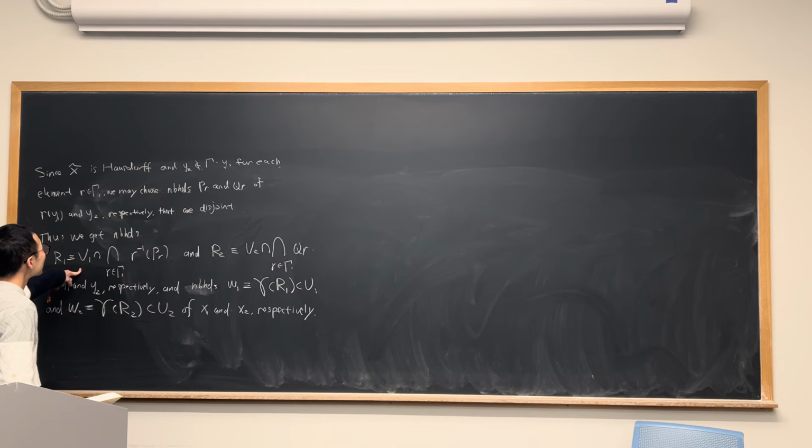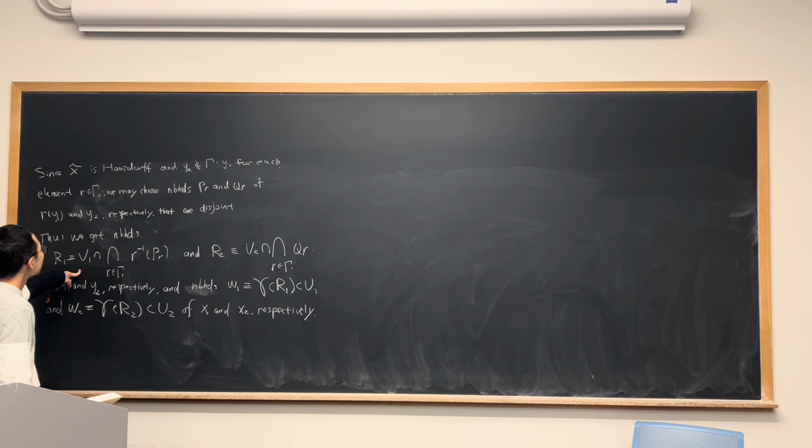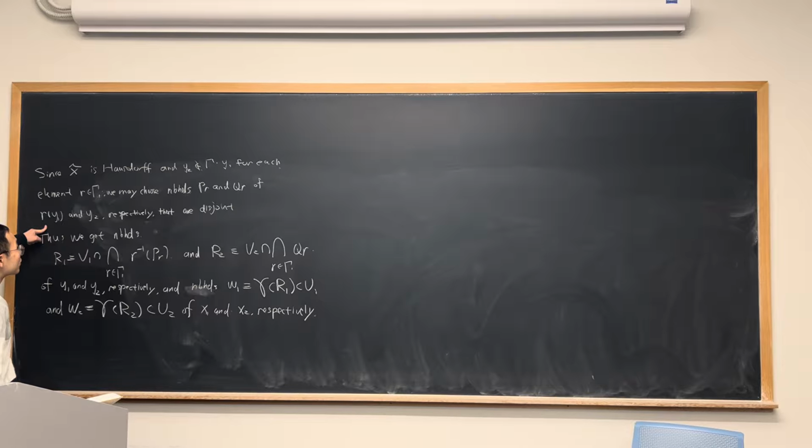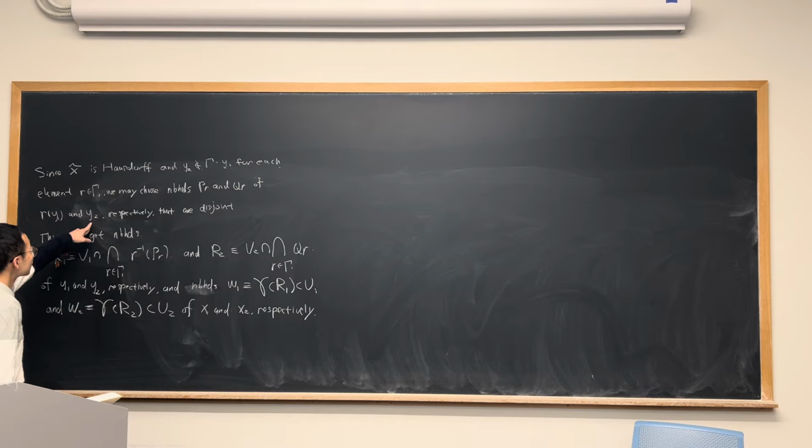This PR is a neighborhood of r y1. Then you take the r inverse, that becomes a neighborhood of y1, right? Same thing, this QR is a neighborhood of y2.